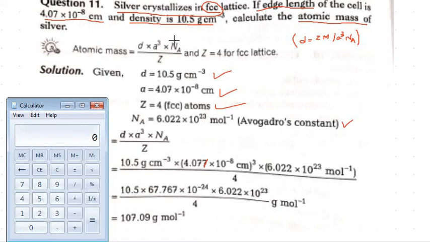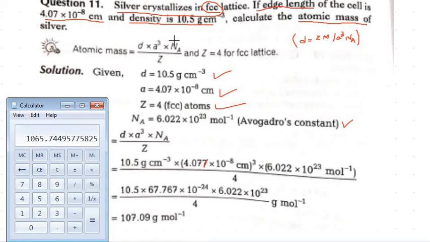So using the calculator, 10.5 into 4.07 into 4.07 into 4.07, 3 times because it's a cube, into 6.022 divided by 4.